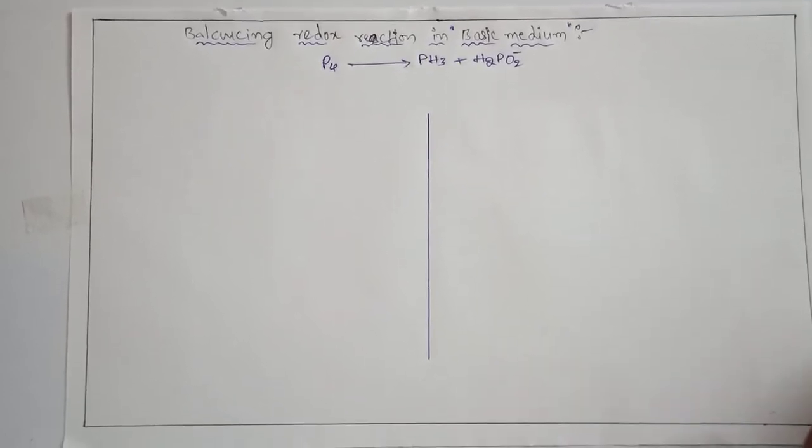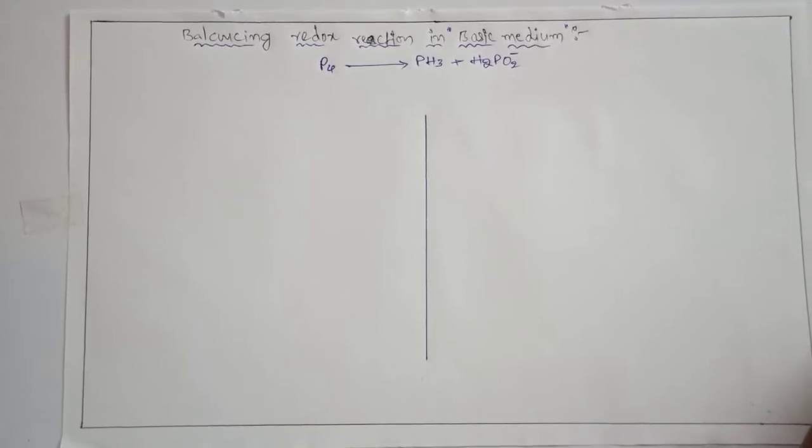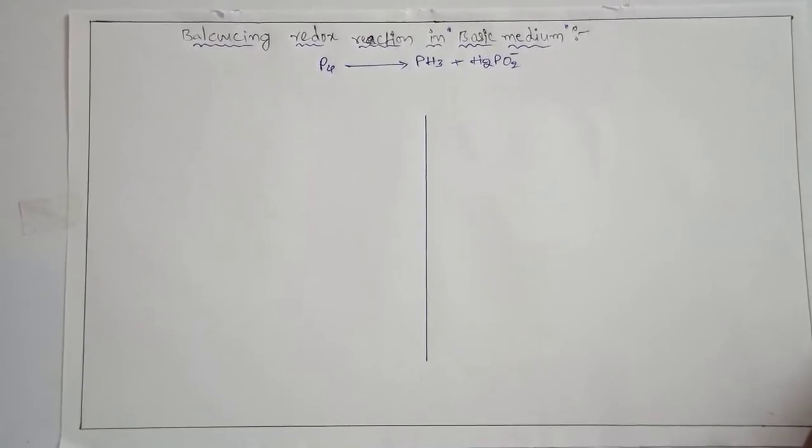In acidic medium, to balance the hydrogen atoms we add H plus ions to the deficiency side of hydrogens.